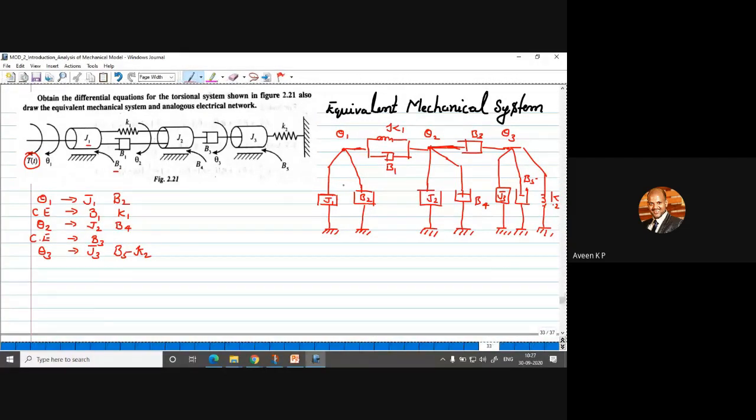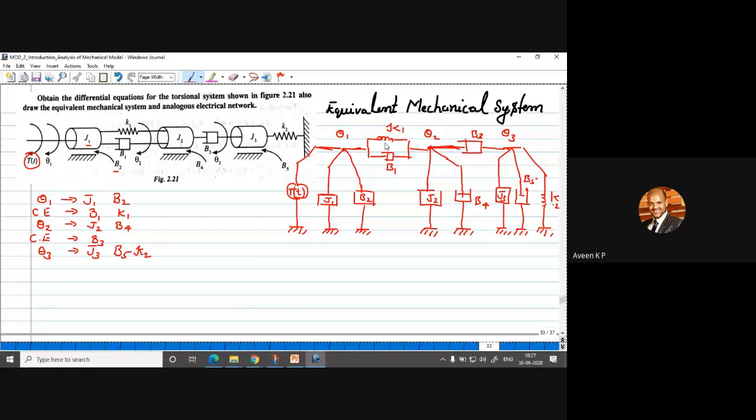For all this, we have the torque applied at node 1. So I will provide one more, that is the applied torque, T of t at node 1. There is no torque applied at any other node. So this will be your equivalent mechanical system.